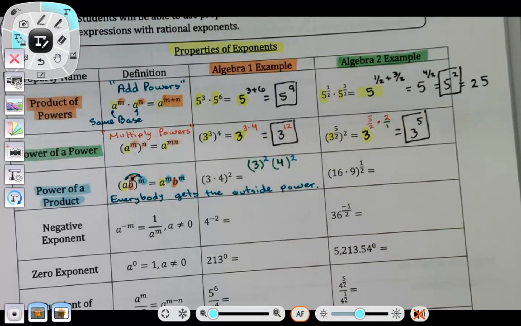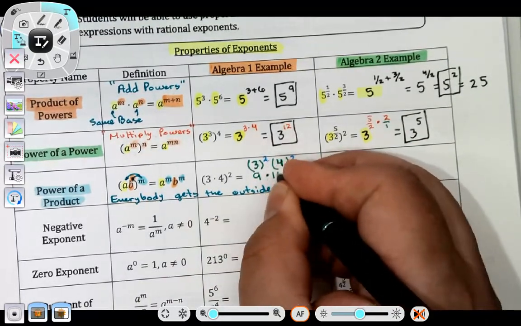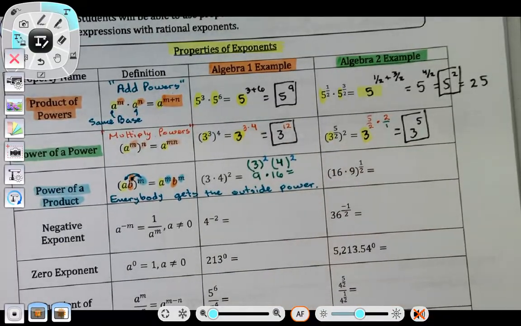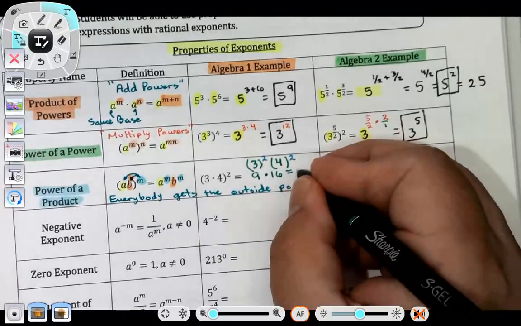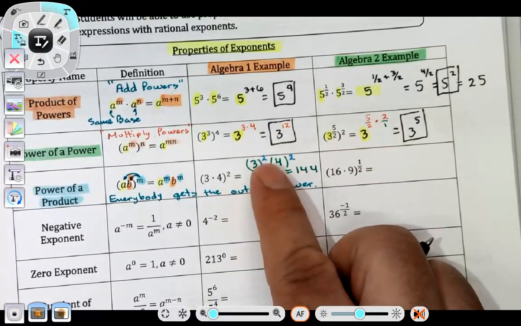Well, what's 3 squared? 9. What's 4 squared? 16. See, now I can just multiply that and then get an answer if we wanted it, which I believe is 144. But that's the idea. Everybody would get their own power of 2.